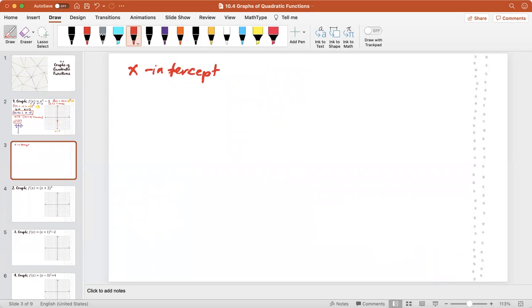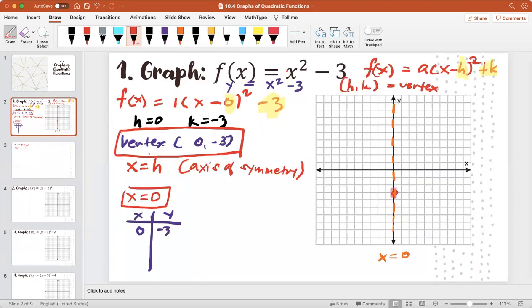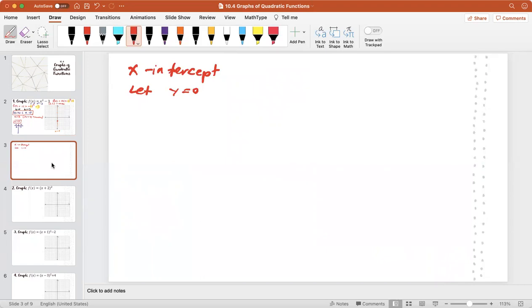In order to find your x-intercept, we let y be 0, right? So we now use this y equals x squared minus 3. So when we let y be 0, we have 0 equals x squared minus 3. It so happened that x squared minus 3 cannot be factored, right?